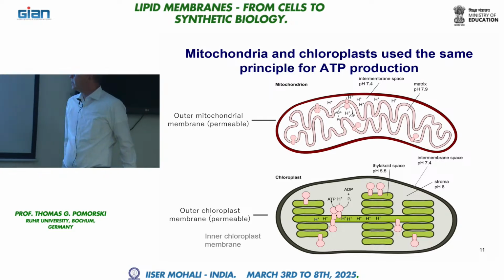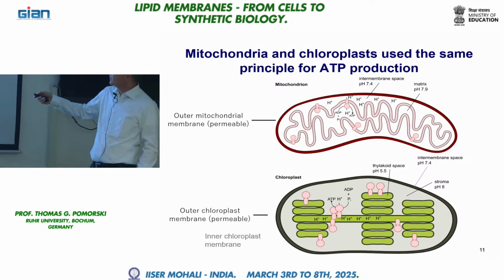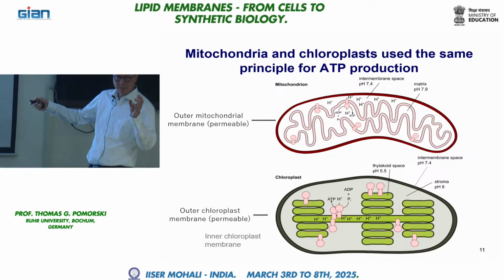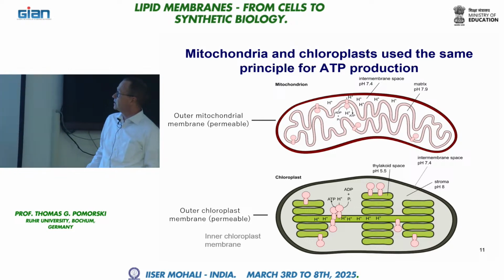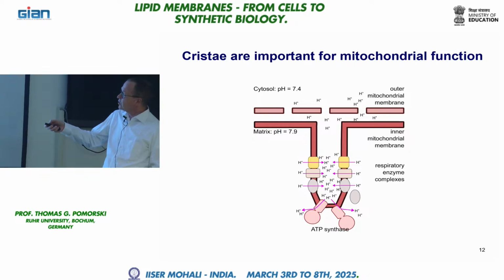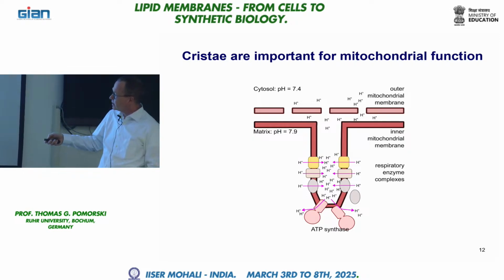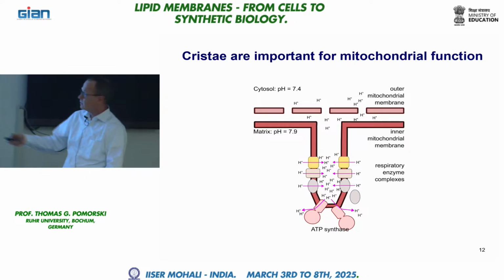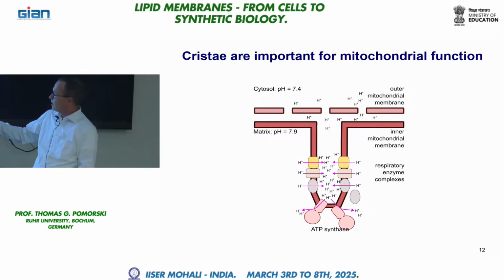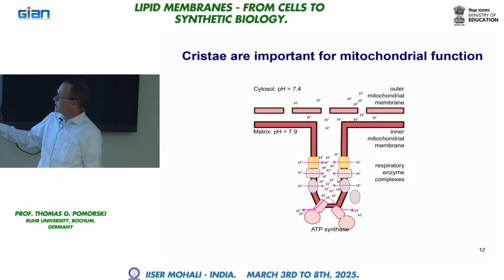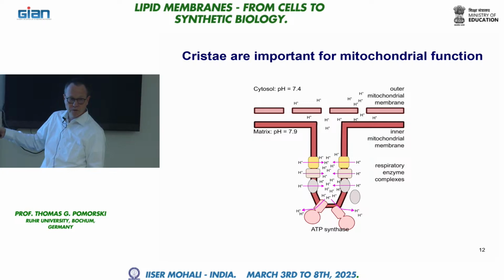And due to this, this drawing and this construction is also not absolutely correct, because the invaginations are very tight, very, very thin. Yes, you have a large surface, but what do you see now? You make almost a separation of the inner space. So all the protons that you pump accumulate. Yes, they might have a chance to diffuse, but diffusion is limited.